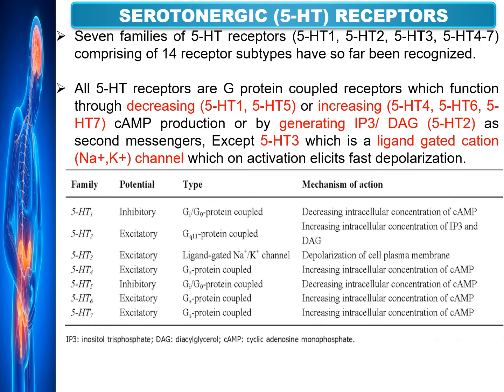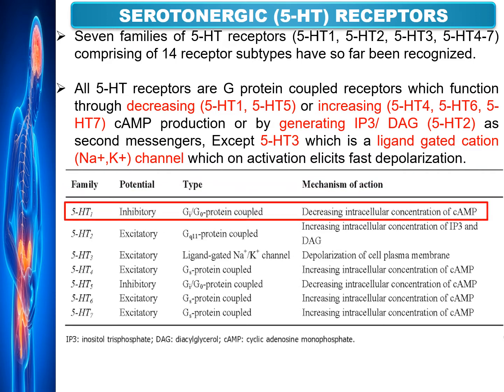The first family is the 5-HT1 receptors. These receptors show the inhibitory potential, and these receptors have the Gi/Go type of the coupler protein, and they function through decreasing intracellular concentration of cAMP.